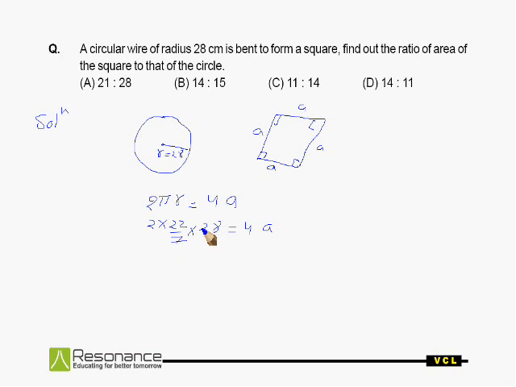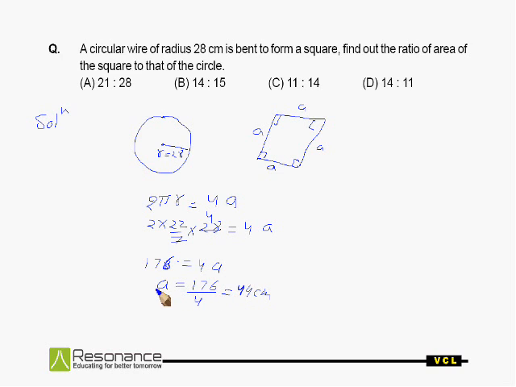By cancelling 7, 28 four times, we get 176 is equal to 4a, or a is equal to 176 divided by 4, that is 44 centimeters.